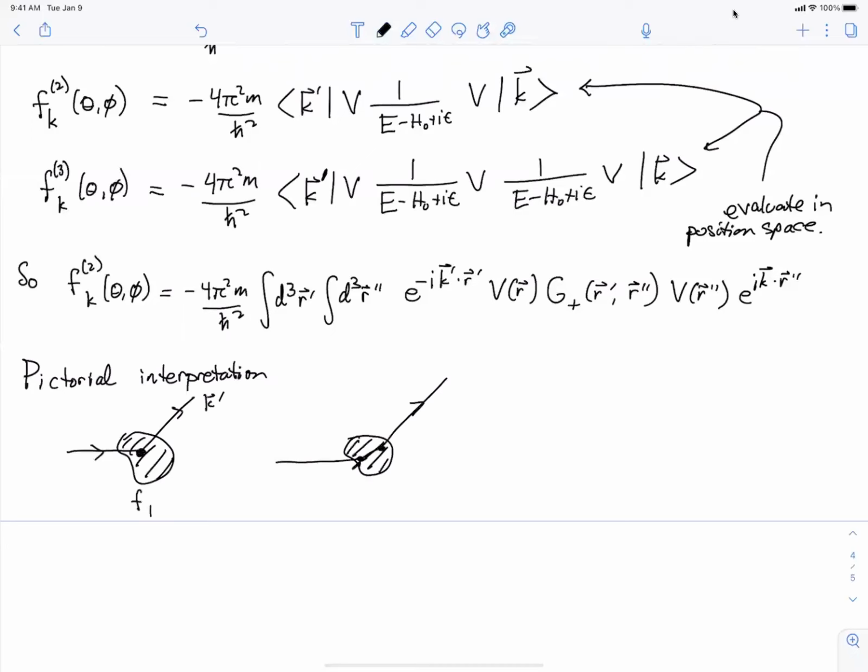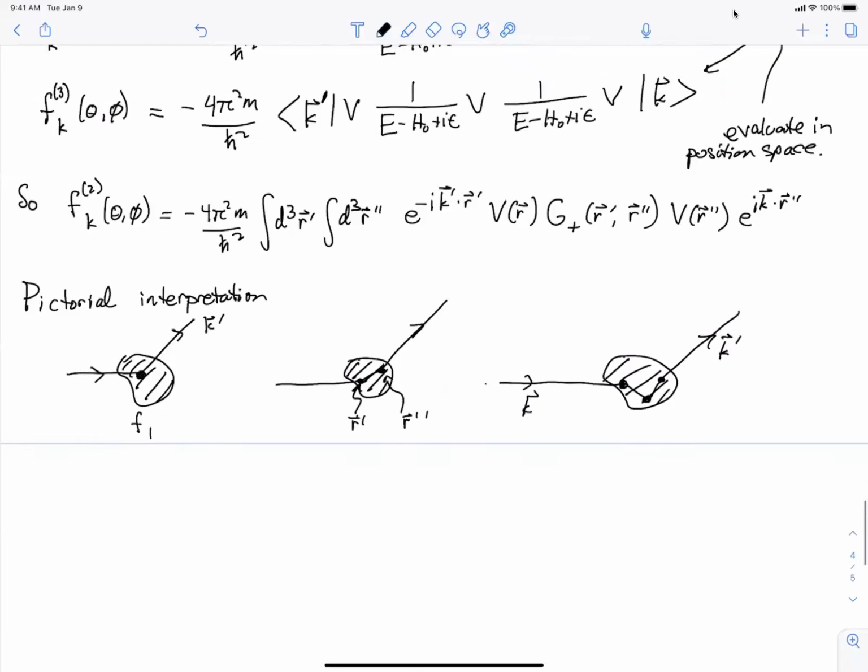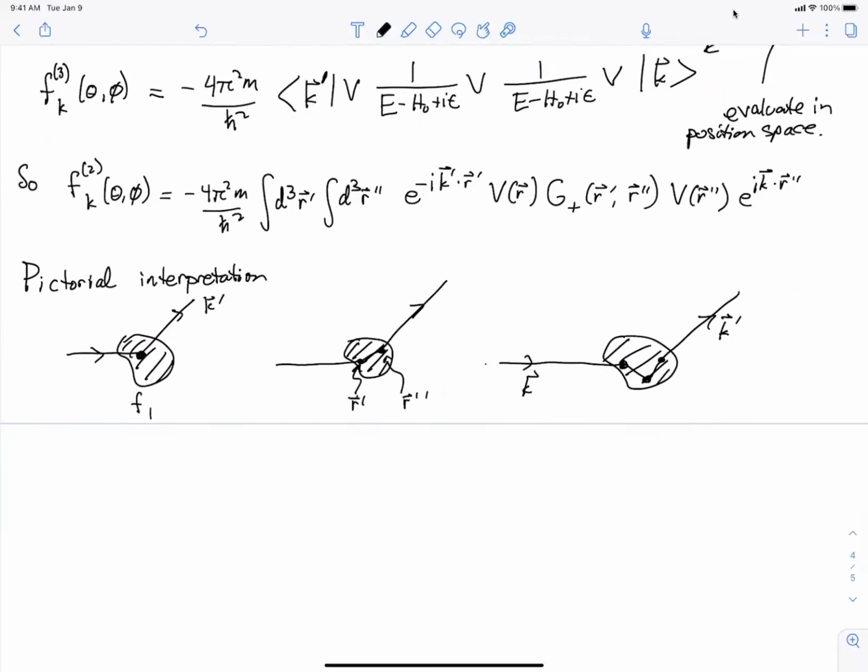Okay, and so this is my r prime, and this is my r double prime that I have to integrate over. And then if I were to do the third Born approximation, I come in, scatter once off the potential, scatter again, scatter a third time, and then I get to leave. Okay, and you can turn those pictures into formulas.